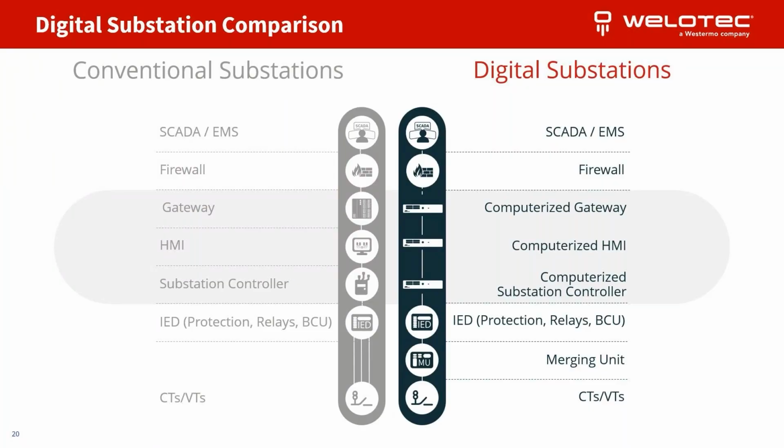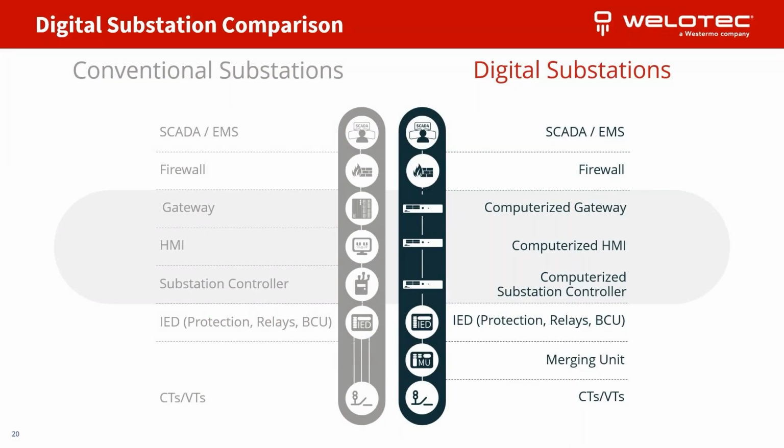You'll see the gray section in the middle denotes the type 1 hypervisor. We have a single application like a gateway or HMI or substation controller being run on a bare metal box with its OS specifically for that function, and that's primarily what we see today.